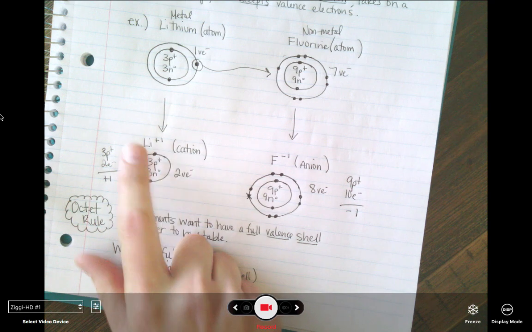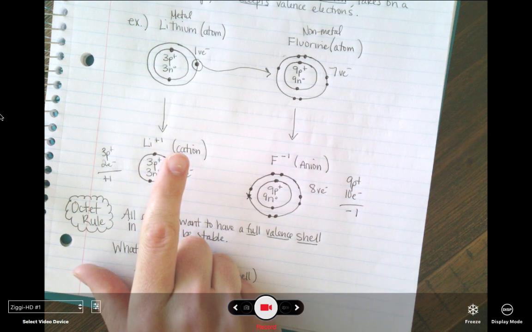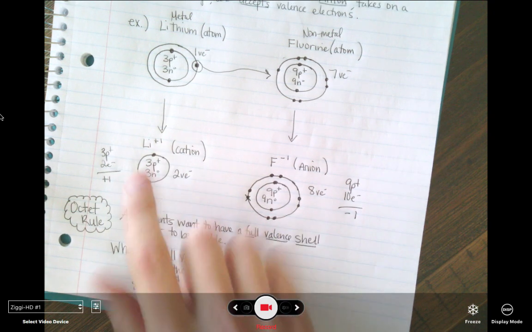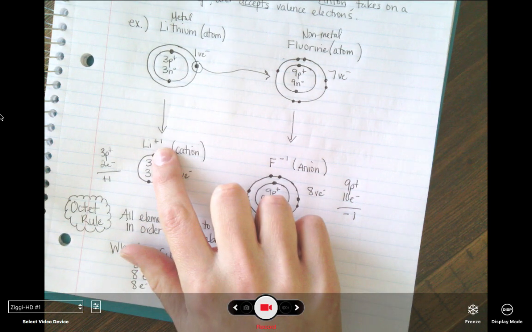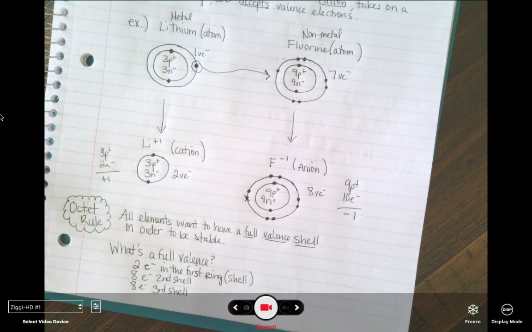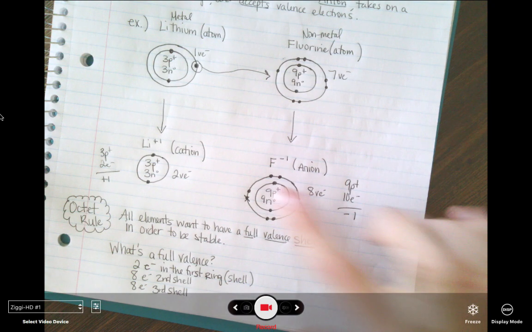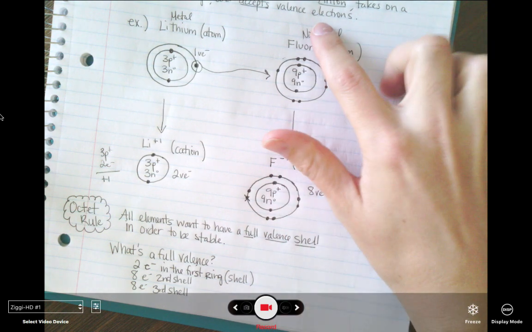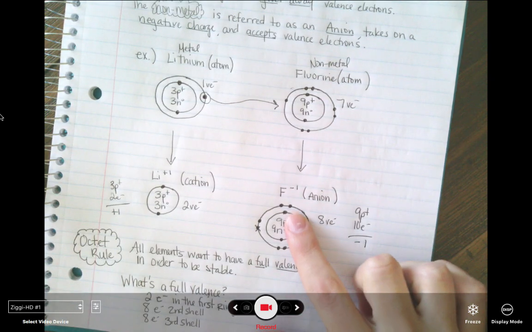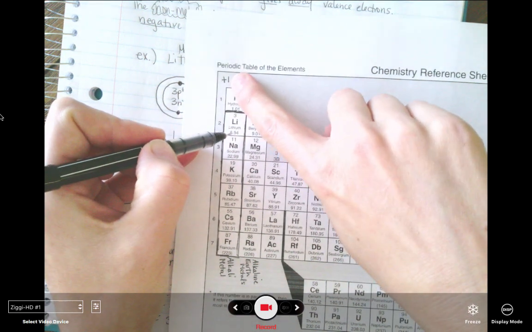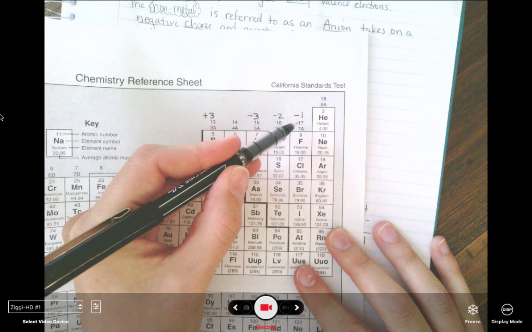So when a metal bonds with a nonmetal, it gives away electrons to take on a positive charge, and the charges are written as superscripts or up above. And fluorine is going to accept electrons to take on a negative charge, again written as a superscript. So you can see lithium, you already have +1 written over that column, and fluorine already has -1 written over that column.